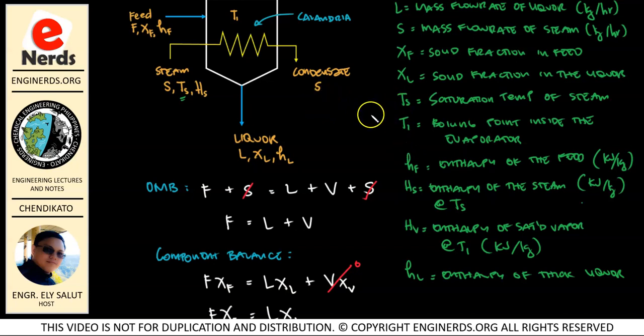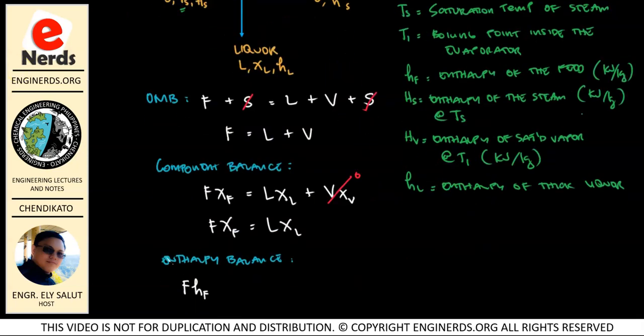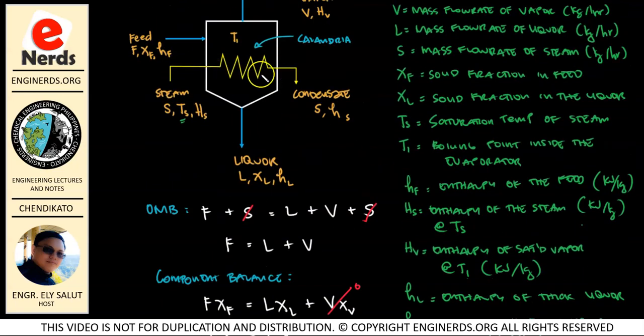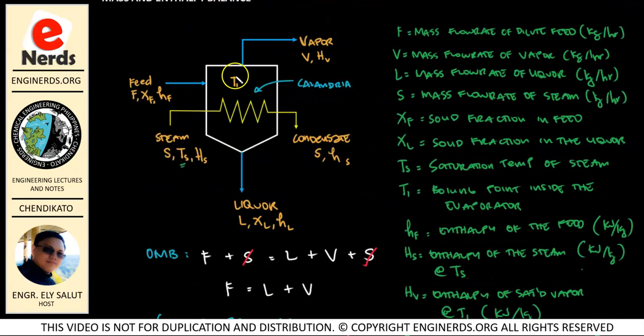So this is the enthalpy of condensate. So this is in liquid form. So this will be a small h, no? So our hS is the enthalpy of the condensate. Okay, so ang unit is also kilojoule per kilogram. Okay, so alam na natin yung mga enthalpy natin sa bawat stream natin.